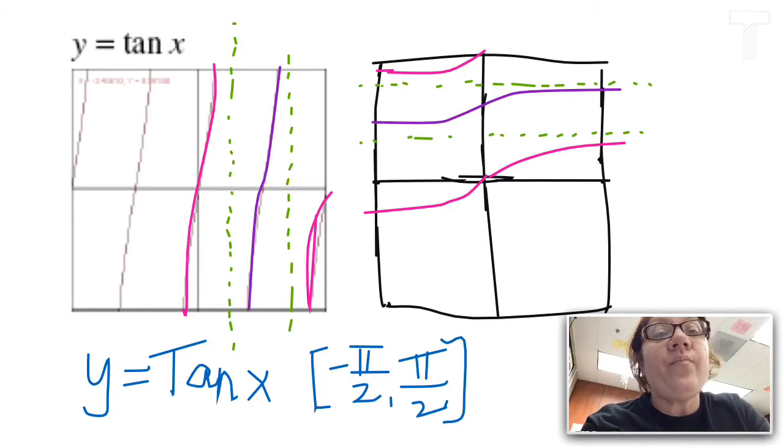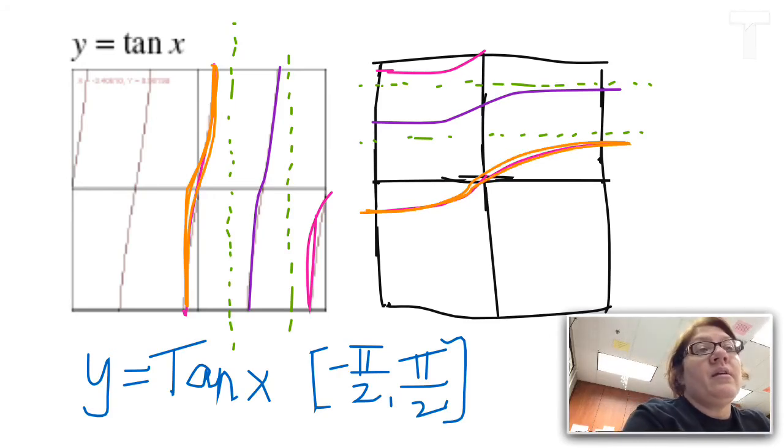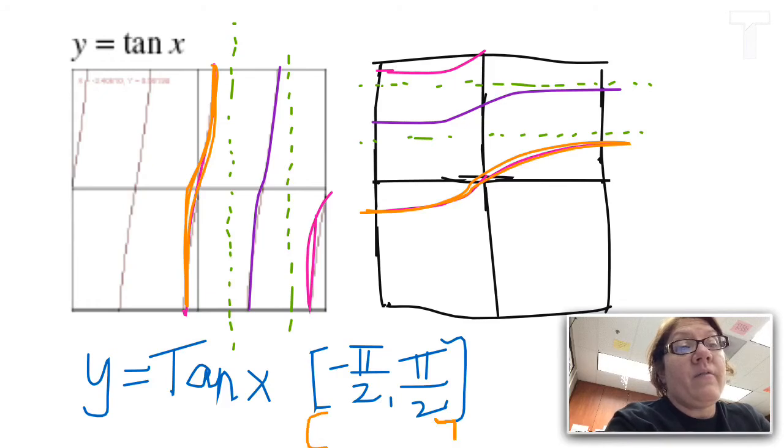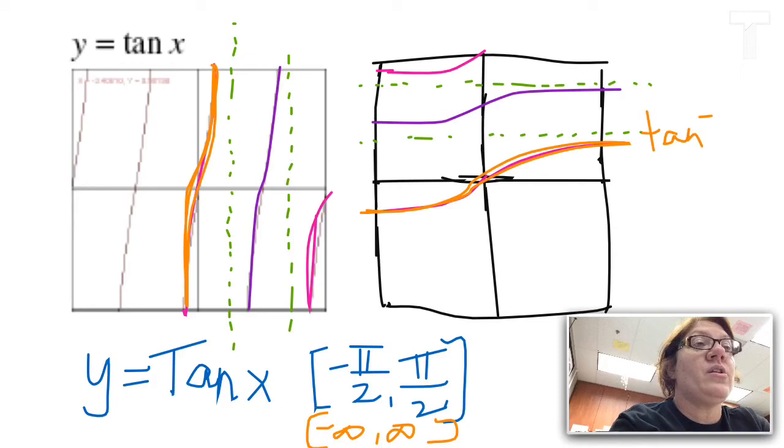So I would really be looking at this portion of the graph, which means over on the inverse, I'm looking at this portion of the graph because that's the match. And so again, now for the range for tangent of x, it goes from -infinity to +infinity. So now on the tangent inverse, of course those domain and ranges are switched. Okay, y equals.